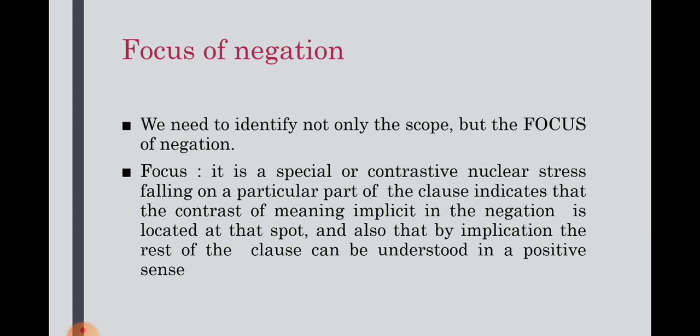It is a phonetic phenomenon falling on a particular part of the clause, which indicates that the contrast of meaning implicit in the negation is located at that spot. From its name, this means that the negation is focused on this word. How do we clarify this to the listener? By having a stress on a certain word or part of the sentence.